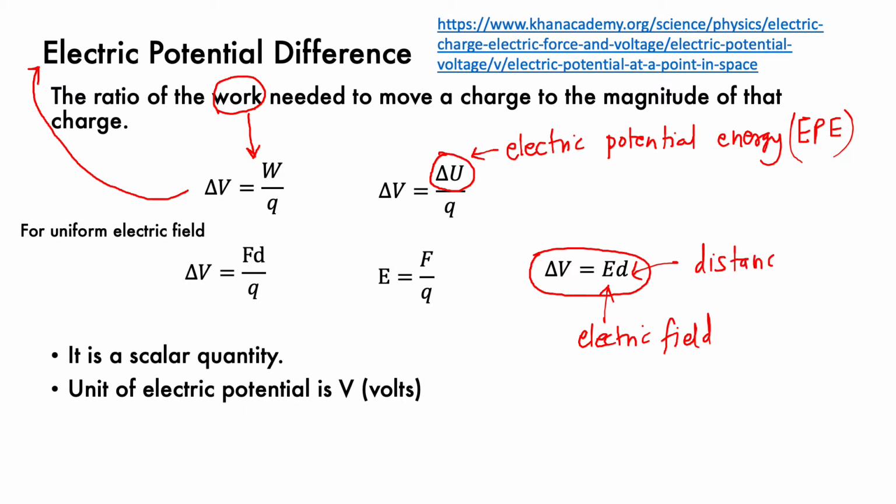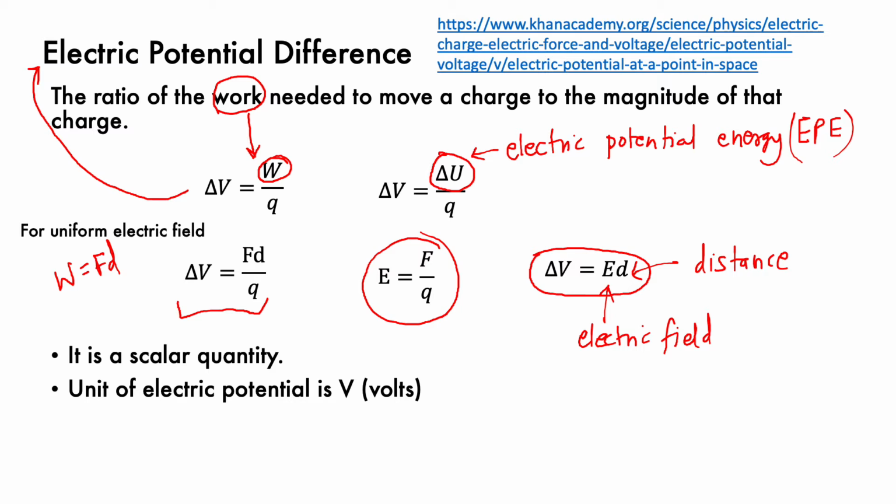and D is the distance. Now if you want to know how we got this formula, you can check these two steps. This is the formula for electric potential difference, where we replaced work done by FD, W is equal to FD, and electric field itself is given by F over Q, which we learned in previous classes.